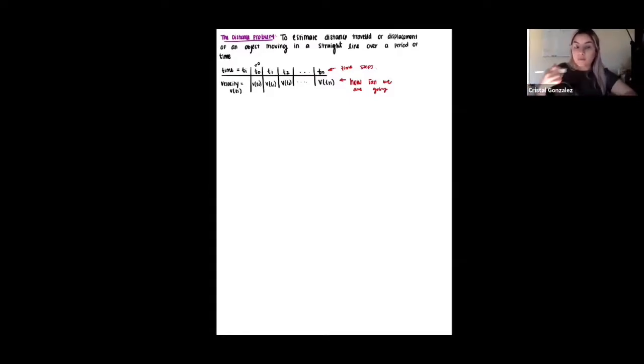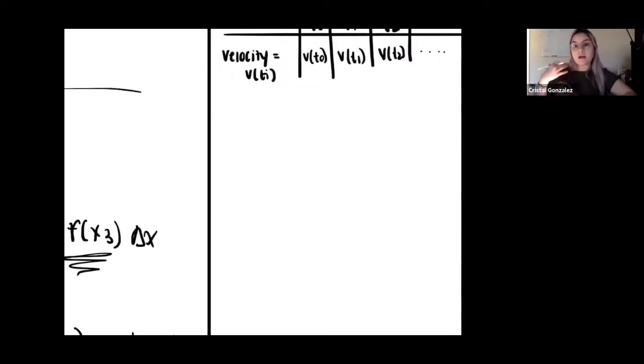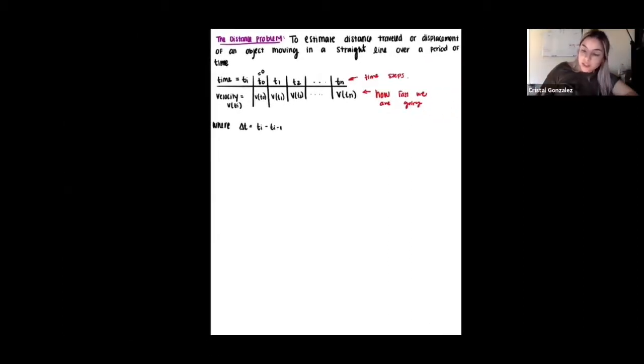So here, instead of using delta x, we're going to be using what's called delta t, because our change is now happening for our independent variable. Our change in t is going to be ti, a time step, minus the previous time step, which makes sense. So let's say for instance this time step was 15 and this time step was 5. Your delta t between these two times is just 10.